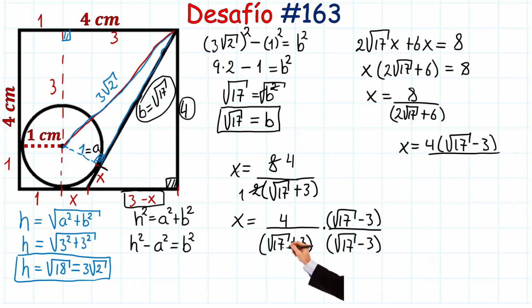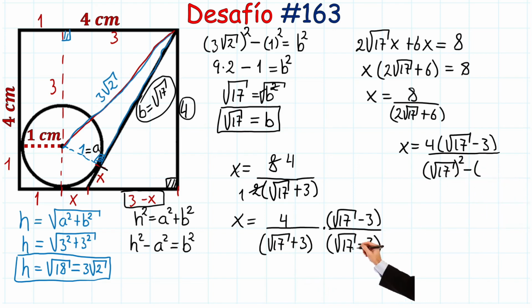When we multiply this with this conjugate, we get a difference of squares. And how do you solve the difference of squares? Well, it's the first term, the square root of 17, squared, minus the square of the second term. This is the difference of squares.